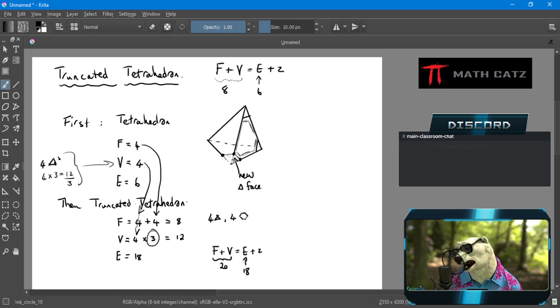So you can see how and why we need to go really slowly and have a decent diagram to work from to help me visualize what's happening here. But it's still the case that my new numbers come from the original Platonic solid.